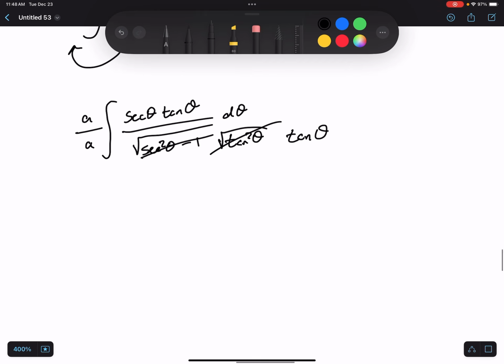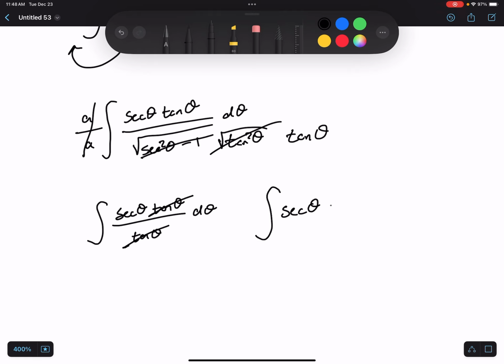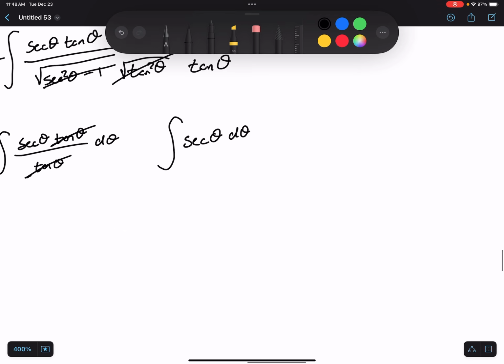And so rewriting all of this, we have the integral, after these cancel, of secant theta tangent theta over tangent theta d theta. And of course here the tangents will cancel, leaving us with just the integral of secant theta d theta. And this is an integral that many professors will have you memorize because otherwise you will have a very tough time figuring it out.